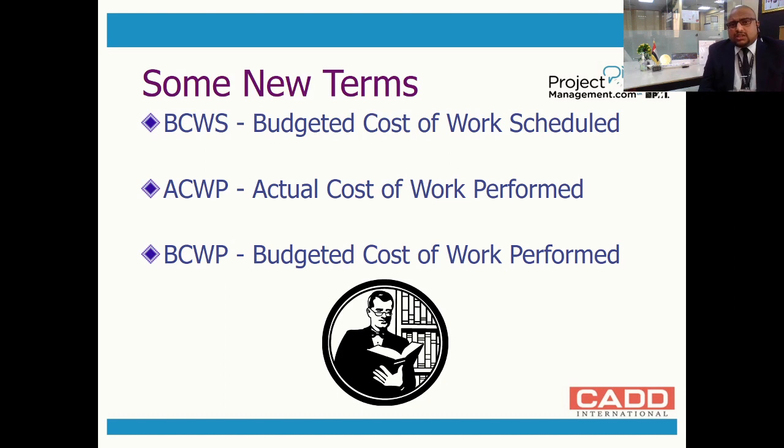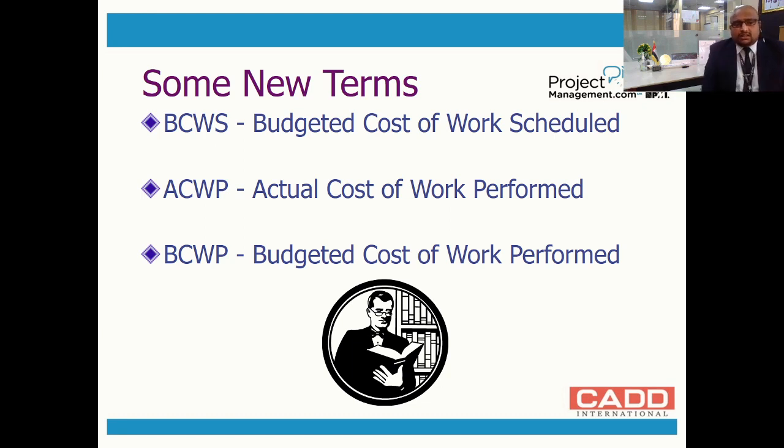Here are some new terms which you need to know before we dive deep into earned value analysis. The budgeted cost of work scheduled is BCWS, which is also called planned value. Then ACWP, the actual cost of work performed, which is also termed actual value.